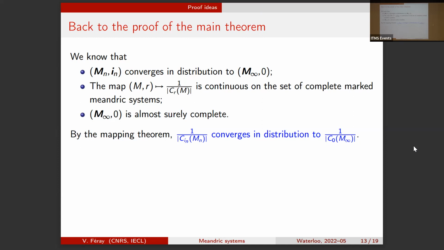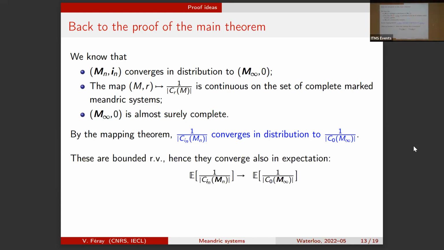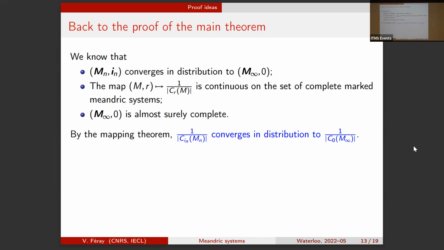And what you get is that the inverse size of the component of I_n in M_n converges to the inverse size of the component of 0 in the infinite noodle. So this is our constant kappa, or maybe, no, sorry, I missed a function. This is a random variable for the moment.